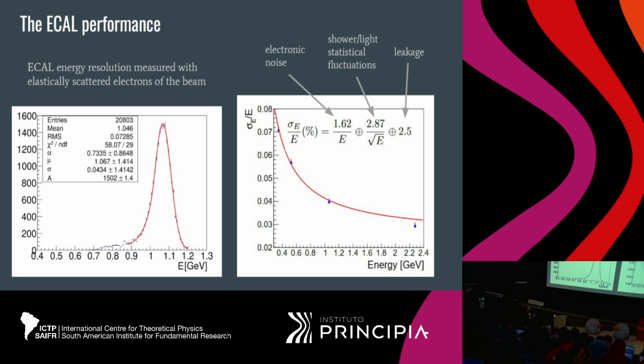The first one is called the electronic noise term, which goes down with the inverse of the energy, and is due usually to electronic noise in your detector. Then you have a term which goes down as the inverse of the square root of the energy of the beam, which in general is attributed to fluctuations in the statistics of a shower, so there may be a different number of particles produced, and also statistical fluctuations in the number of photons produced by your light detector, which follows a Poissonian distribution, so it has its own statistics and its own fluctuation.